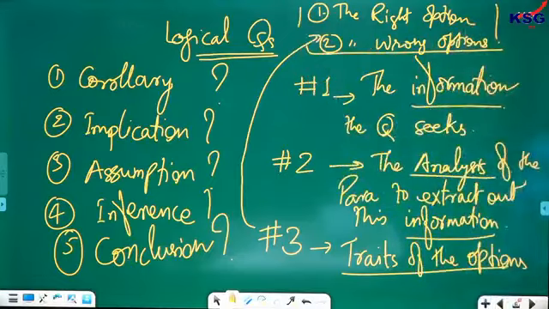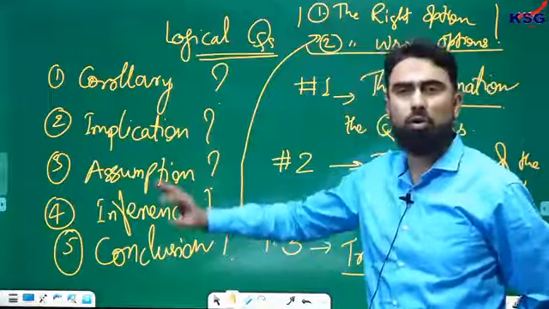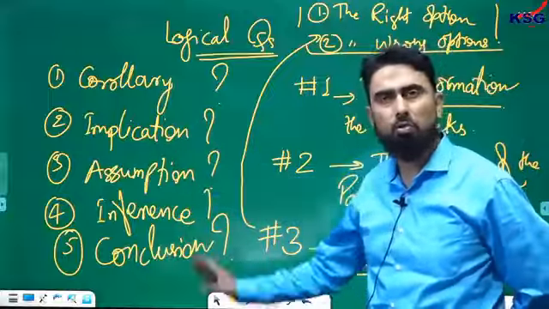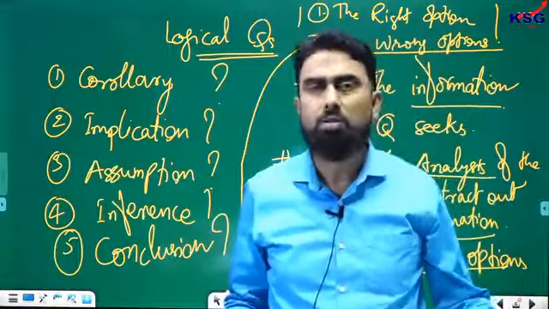They both help you. For example, the question is corollary, so if we know what kind of characteristics or features the correct answer should have, similarly we should be aware of what kind of characteristics will be there in the wrong options for the question of corollary or for the question of implication or assumption or inference for that matter. Right? So is that clear?